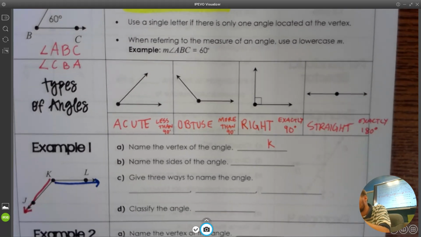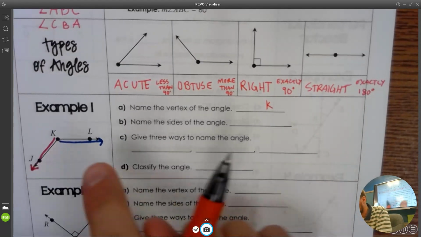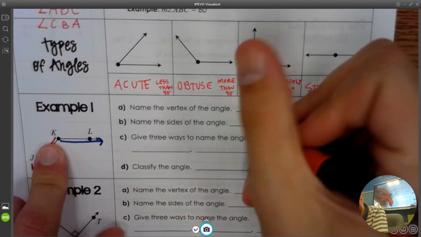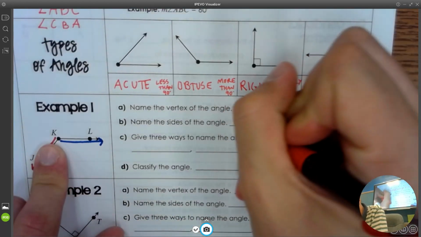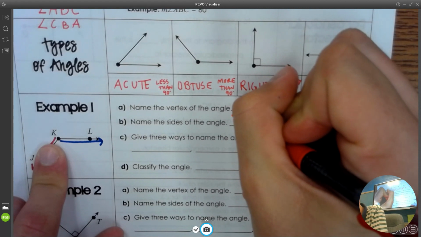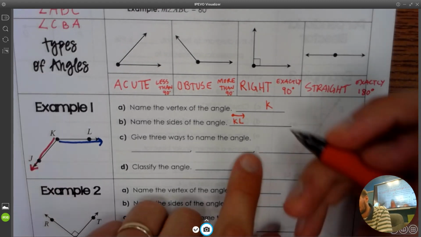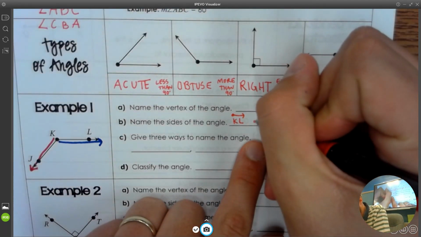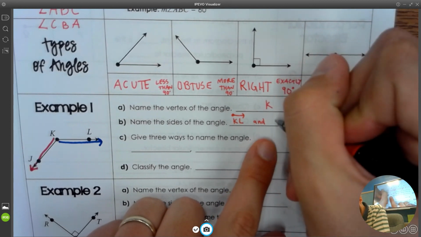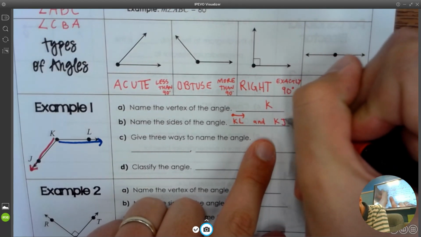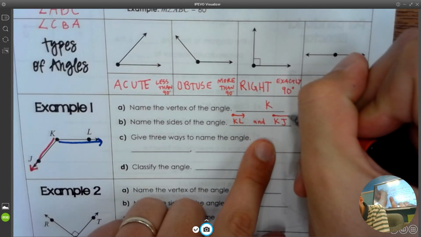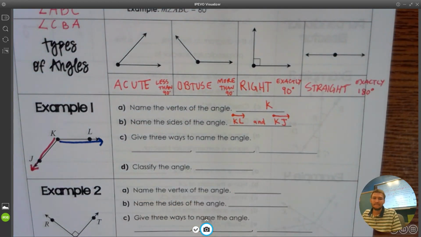So how do we name this blue ray? It's got to be KL, with a one-directional ray pointing to the right. How do we name the other side? Yep, and I like that you guys said K first. It has to be K first and a one-directional arrow to the right. Again, none of this is a difficult question. It's just vocab.